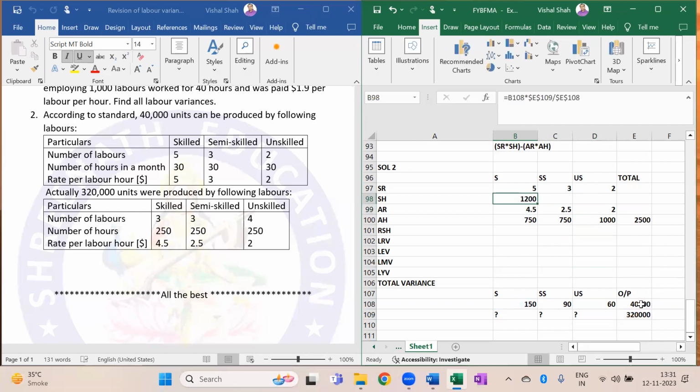I think 1,200 is the right answer. Yes, 1,200 is the right answer.